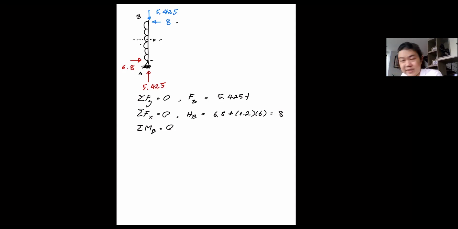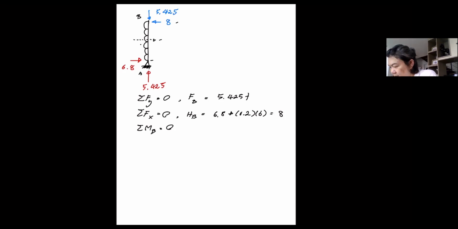Okay, so you can take moment at A, and you can take moment at B as well. See what I did, I take a moment at B. So sigma MB equal to 0.